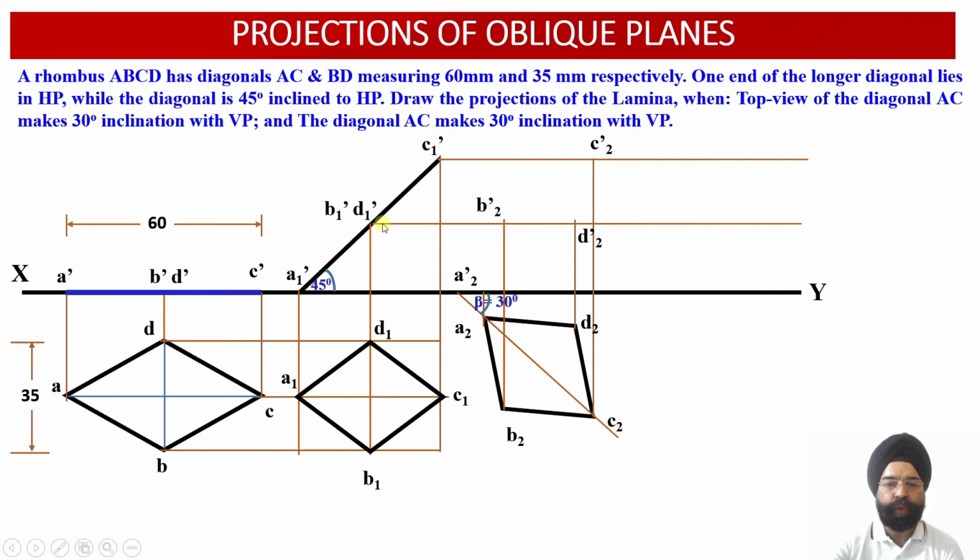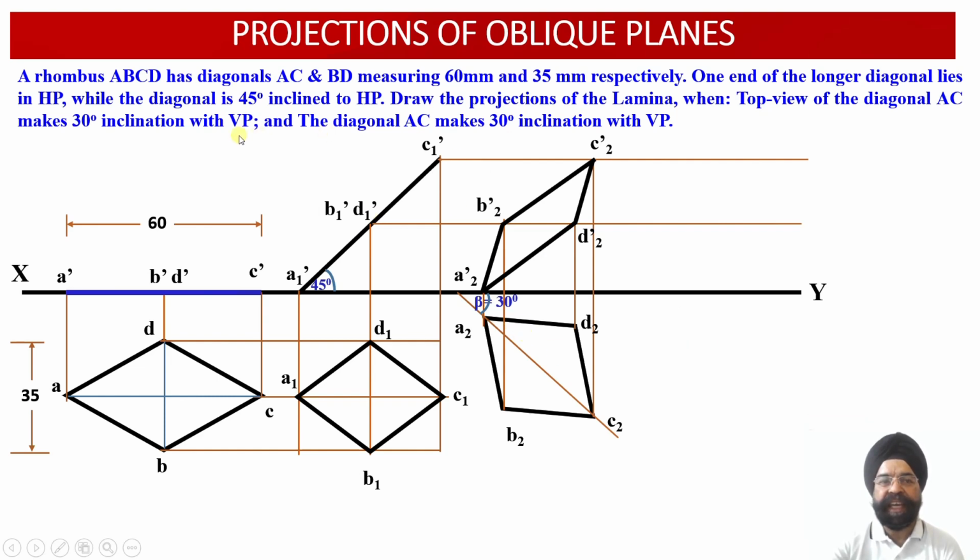So the vertical projector through this and the horizontal projector through this, their intersection will give you B2 dash. Similarly, the points C2 dash and D2 dash have been obtained. And once you obtain all these 4 points, join them, and you are going to obtain the front view projection of this oblique lamina, in which the longer diagonal happens to be inclined with respect to HP at an angle of 40 degree, and the apparent length or the plan of the longer diagonal happens to be inclined to VP at an angle of 30 degree.